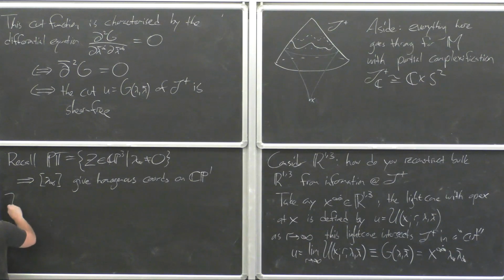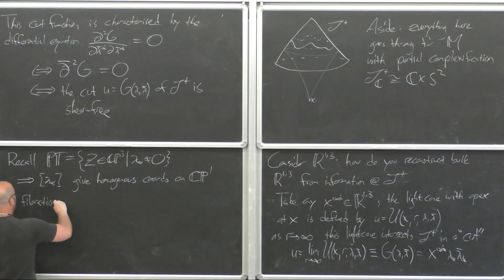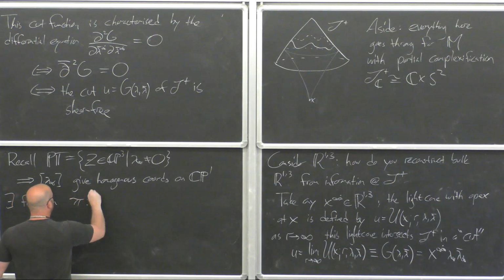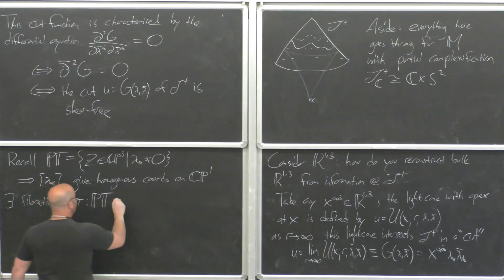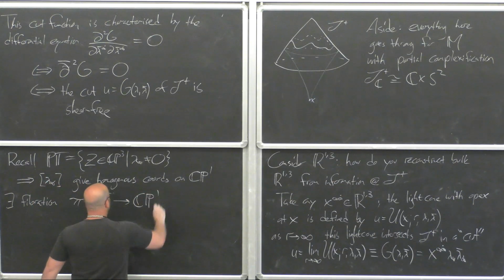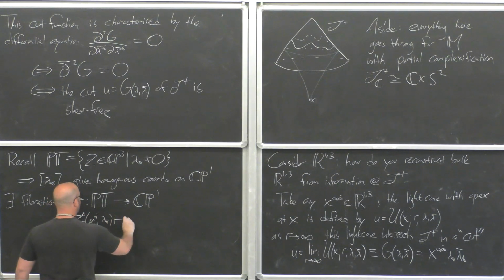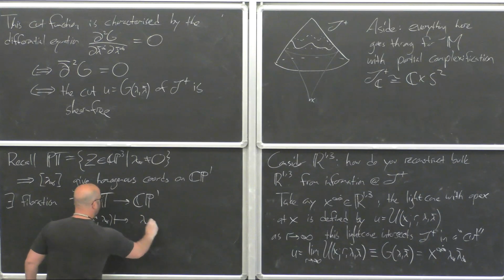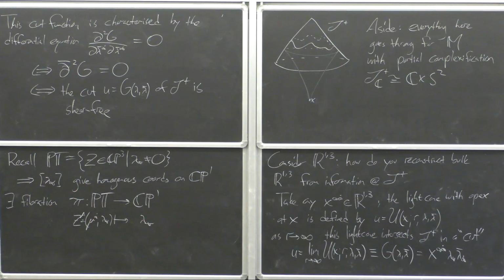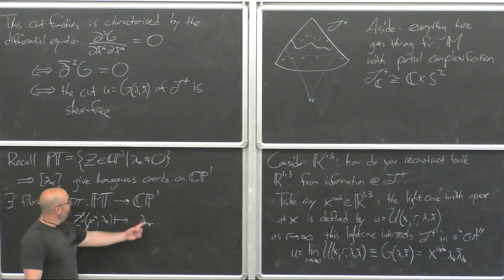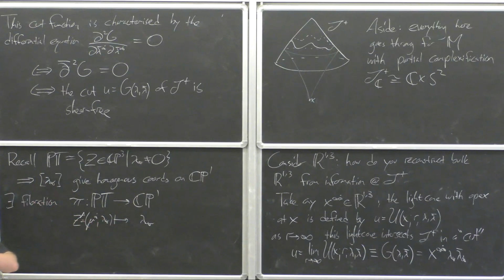So this means that there's a natural fibration, which we'll call pi, from PT to CP1, which just sends Z^A, which is equal to mu^alpha-dot, lambda_alpha, to lambda_alpha. Right, and this defines a map to CP1 precisely because these lambda_alpha are not allowed to all vanish simultaneously, which means they're good homogeneous coordinates on CP1.